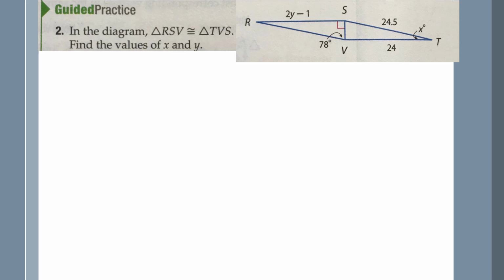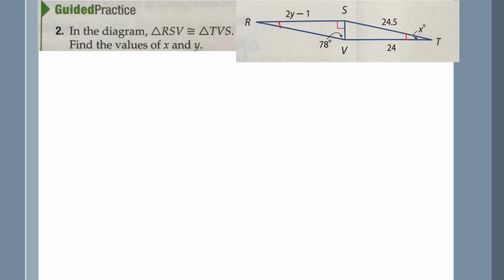Okay, and this problem here in the diagram, triangle RSV is congruent to triangle TVS. Find the values of x and y. All right, so we want to match things up. What helps a lot of times is to copy the diagram down and draw it the best you can. But I know angle R goes to angle T, right?